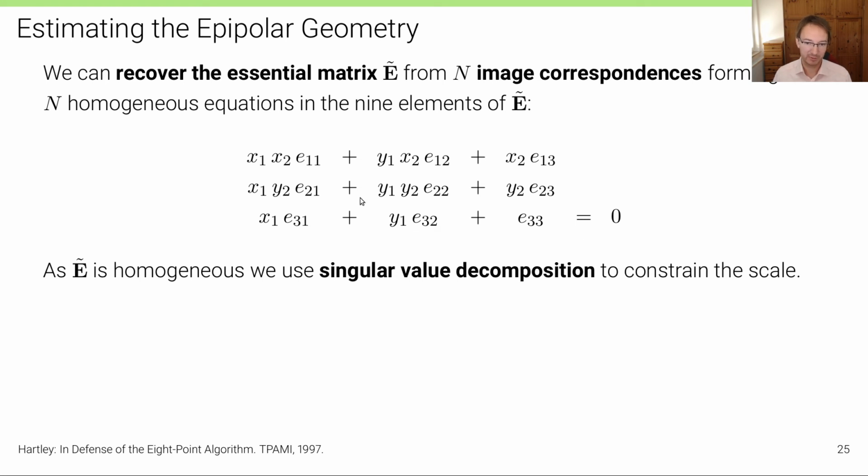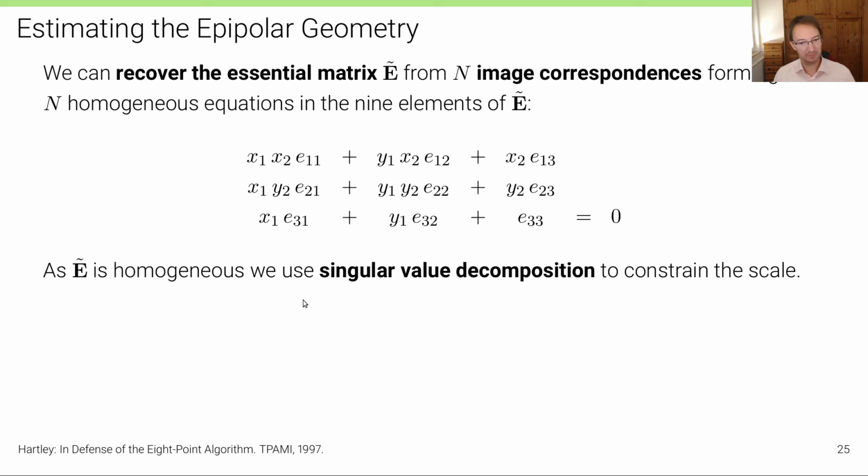It's a homogeneous equation. Now, as E, the essential matrix, is a homogeneous matrix, we have to constrain the scale of that matrix, again as in the case of estimating homographies in the last lecture.